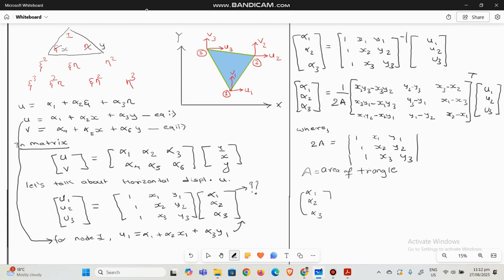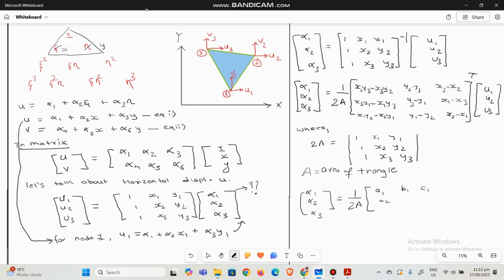So alpha 1, alpha 2, alpha 3 equals 1 upon 2A. Now we are going to represent this with ABC terms. Instead of writing this every time, I'm just going to write A1, and the second term is B1, the third term is C1.